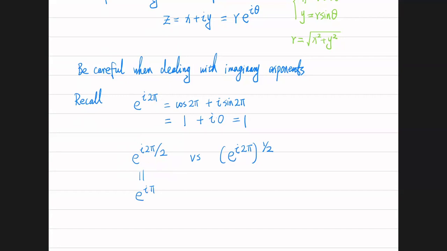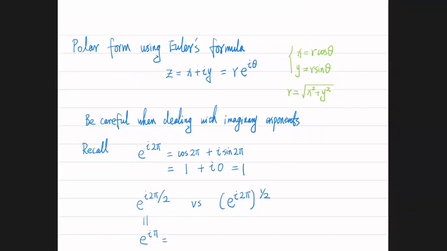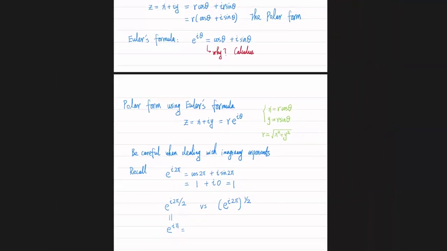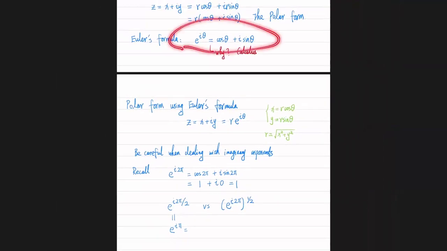Okay, let's apply Euler's formula. What's e^(iπ)? The formula, not the result. Let's apply Euler's formula. What do you get? Cosine theta plus i sine theta. What is theta? π.